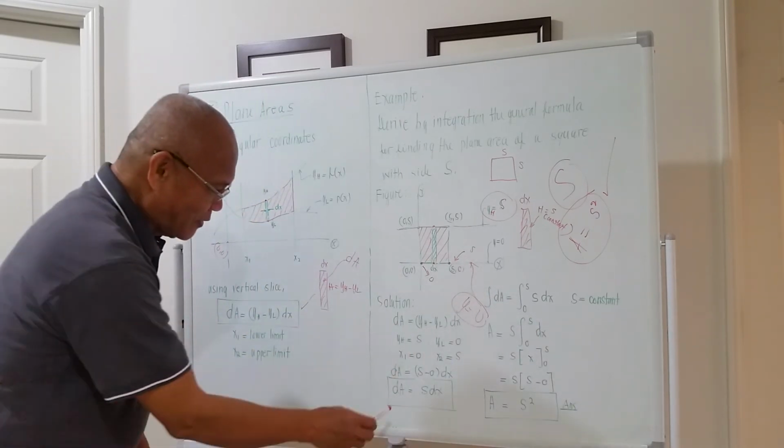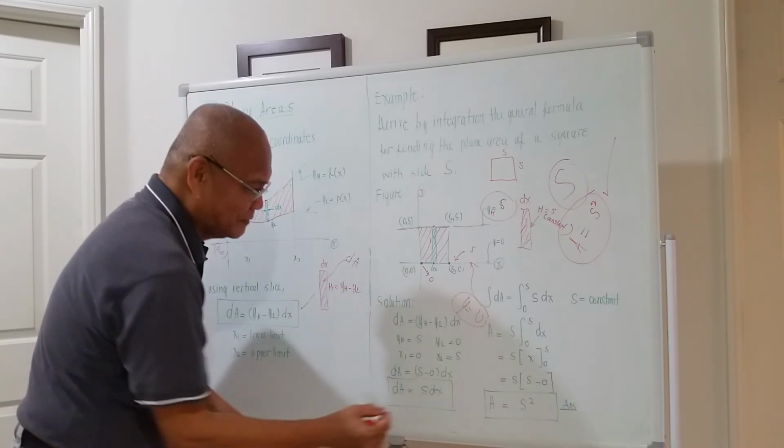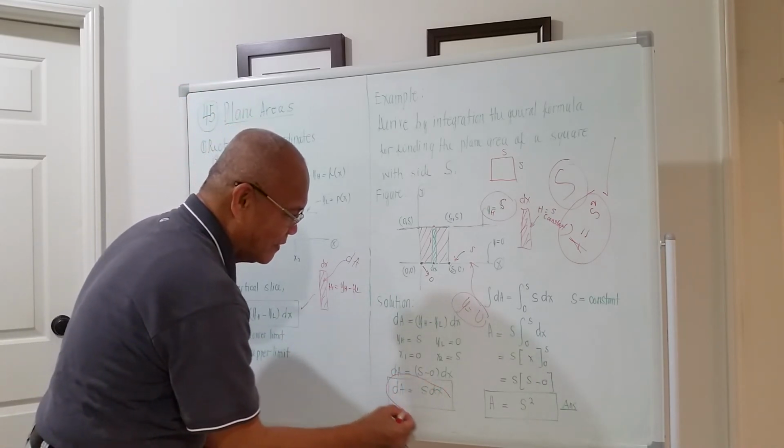Therefore, differential area for a square will be S dx. As simple as that.